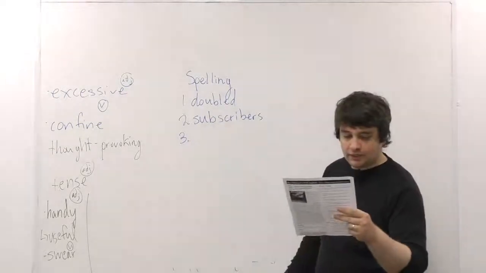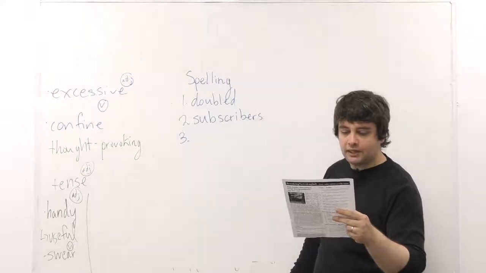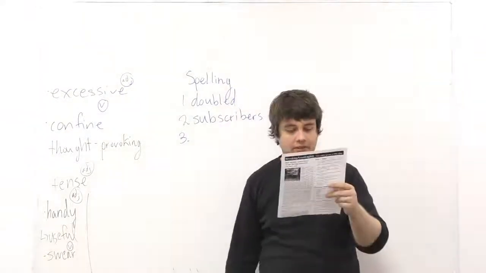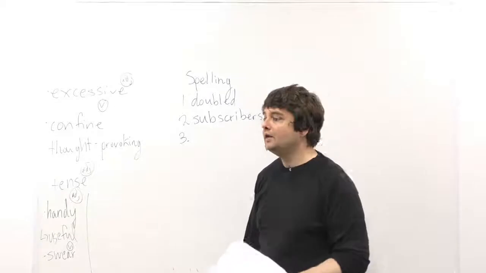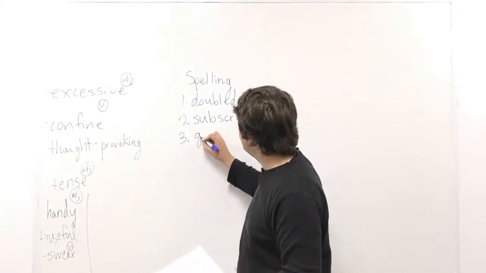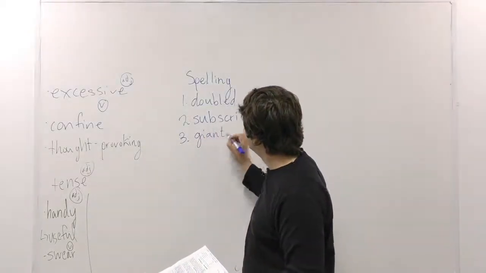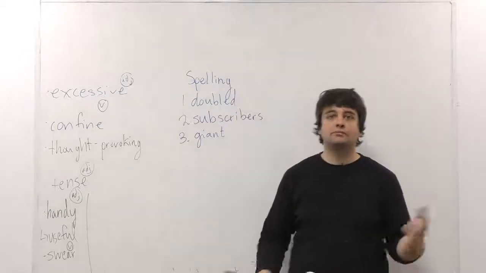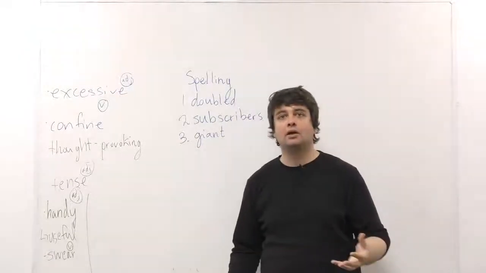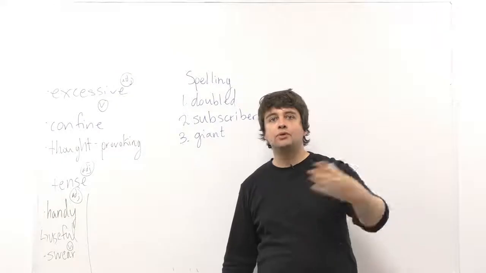Number 3, the streaming giant. You might be thinking, wow, what the hell is that, right? But actually they're saying the streaming giant. Giant just means really, really big, or a giant is a really big person.